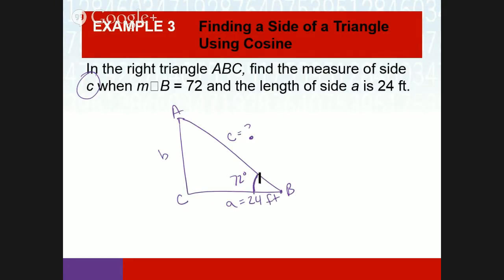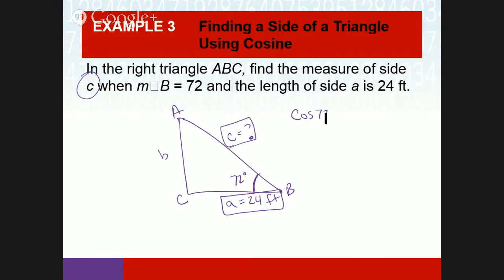What is going to be my relationship between the side that is adjacent and the hypotenuse to this angle? Not tangent. Tangent would be opposite over adjacent. Cosine.